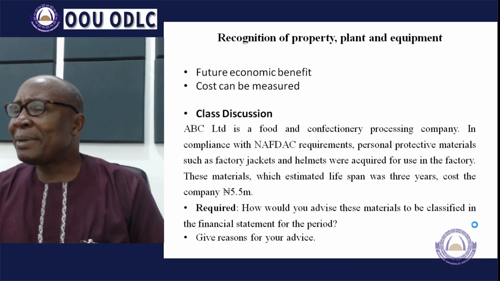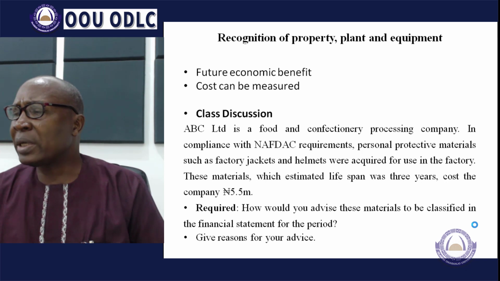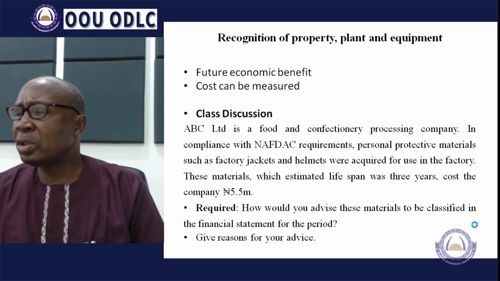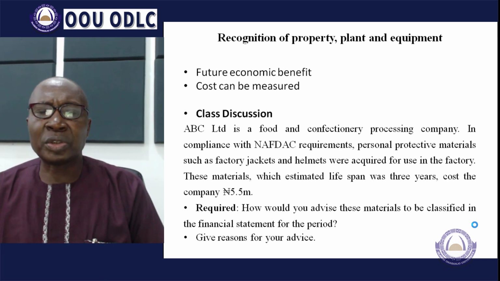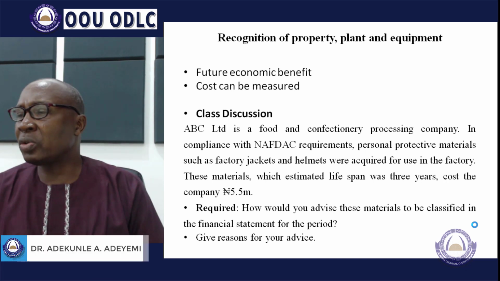C. The estimated cost of dismantling and removing the item and restoring the site on which the item is located, as long as the obligation to meet those costs is incurred when the item is acquired. Costs of installation, dismantling, and removal are part of the cost of the item.